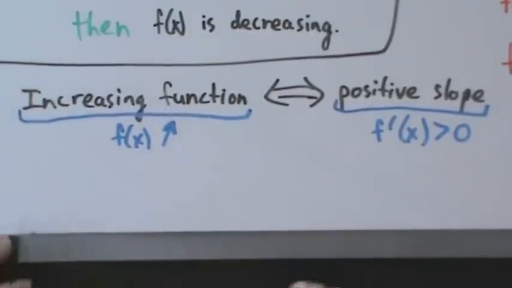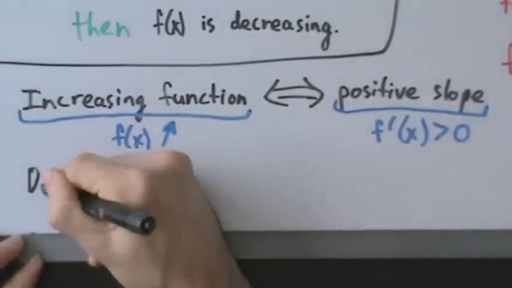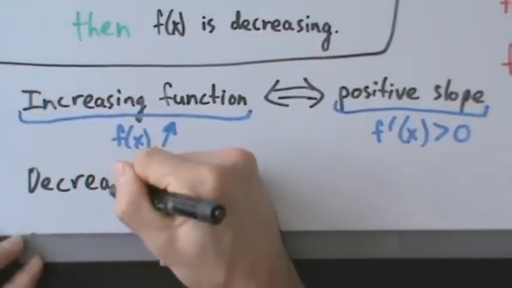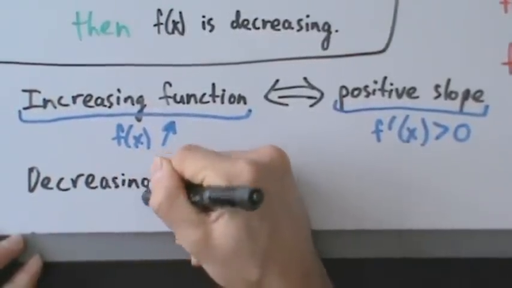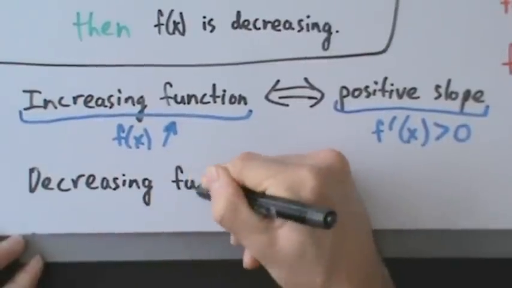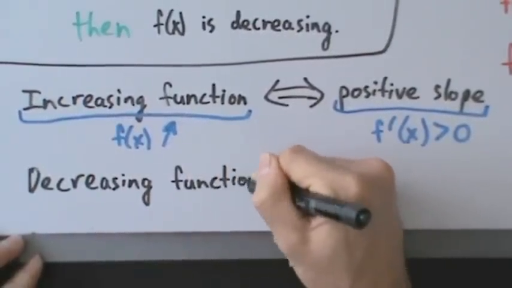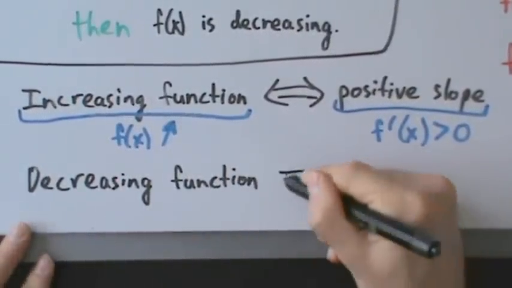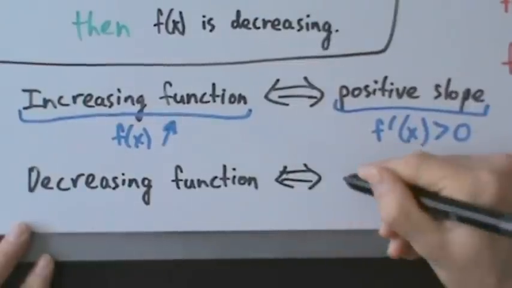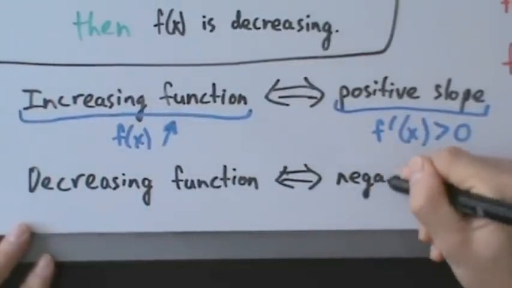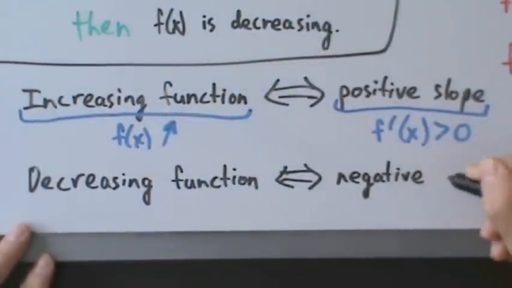And likewise, decreasing function is the exact same thing as negative slope.